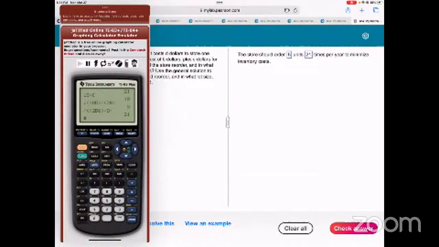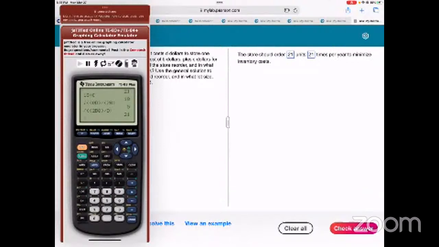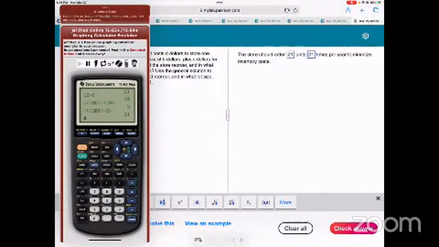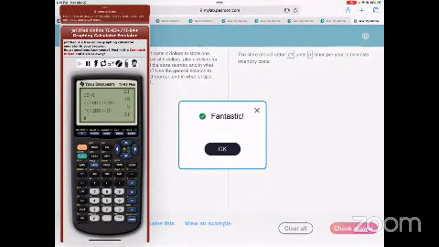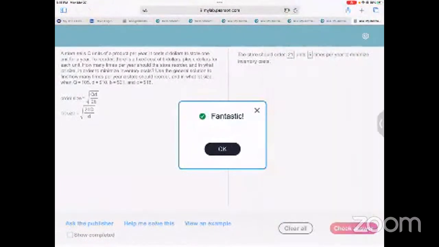Oh, it cut off. Okay. If that doesn't work, then we'll get to the bottom of it. Lot size, order size. That's kind of weird, but anywho.